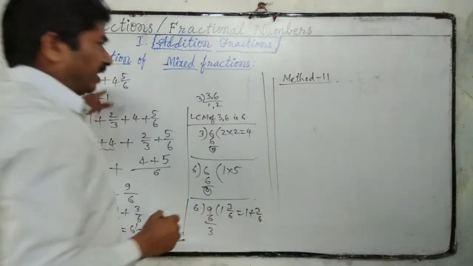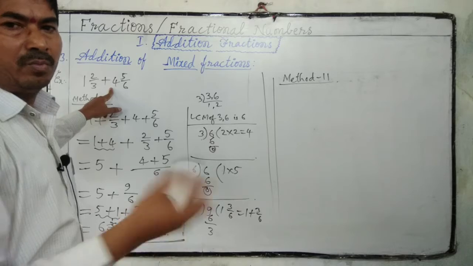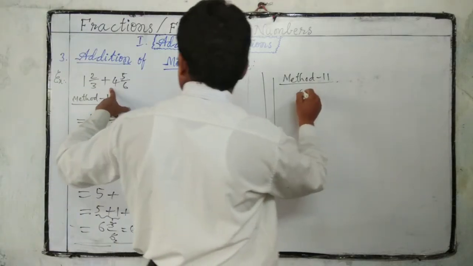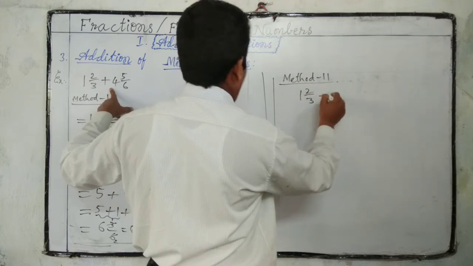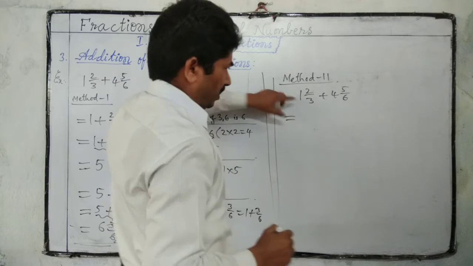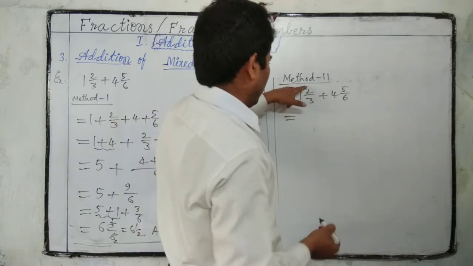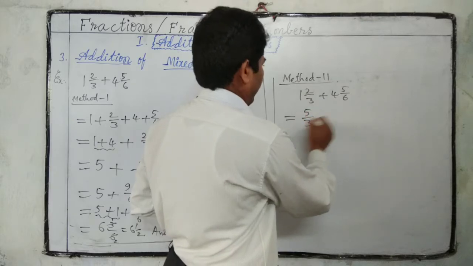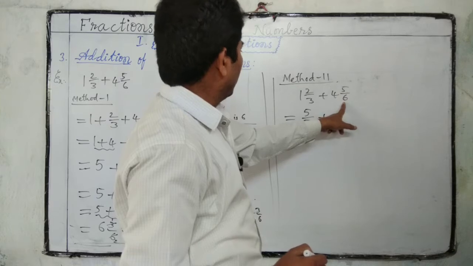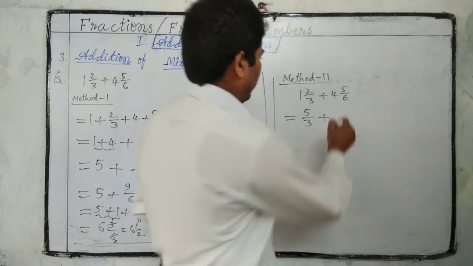First we have to convert the given mixed fractions into improper fractions. 1 2 by 3 plus 4 5 by 6. First we convert into improper fractions. 3 ones are 3, plus 2 is 5, so 5 by 3. 6 fours are 24, plus 5 is 29, so 29 by 6.